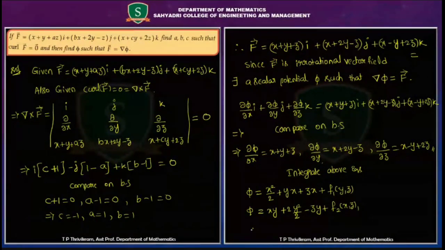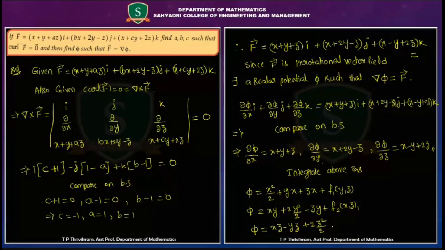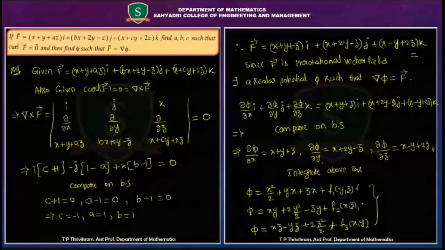Next, phi is equal to xz minus yz plus 2z square by 2 plus f3 of x comma y. Now comparing all these three equations, we need to find these three values f1, f2, f3.